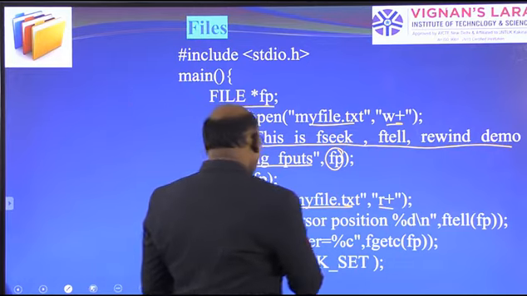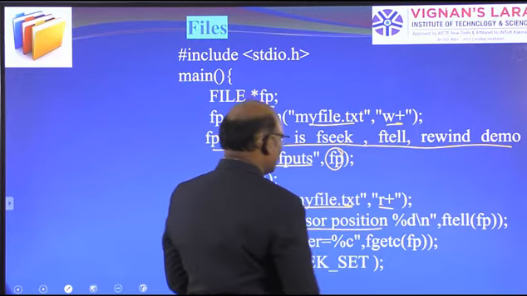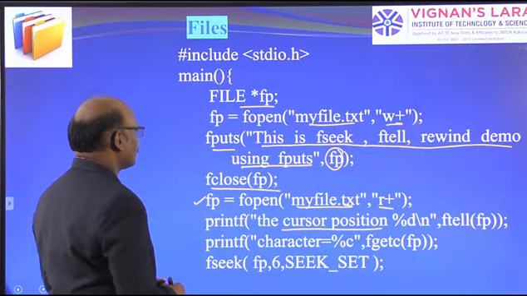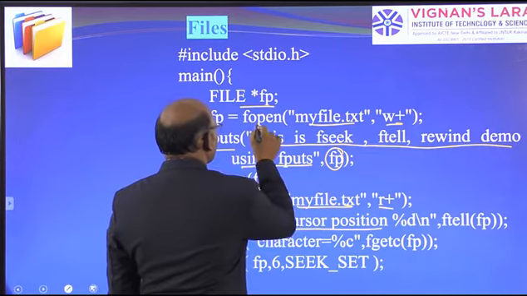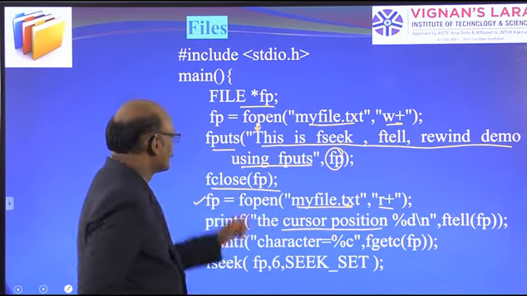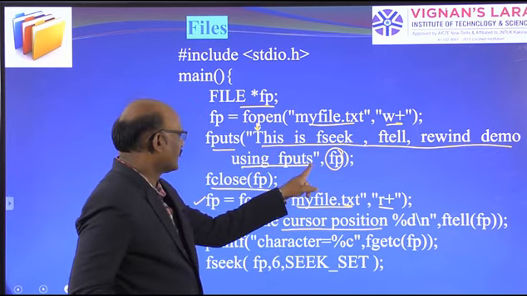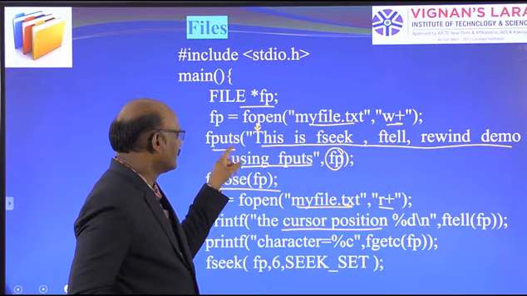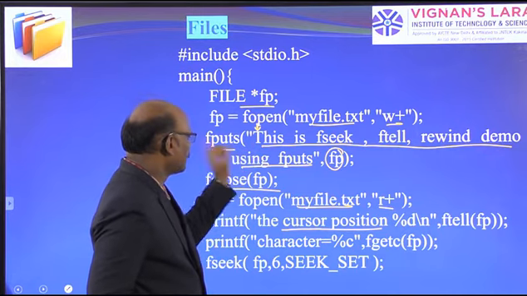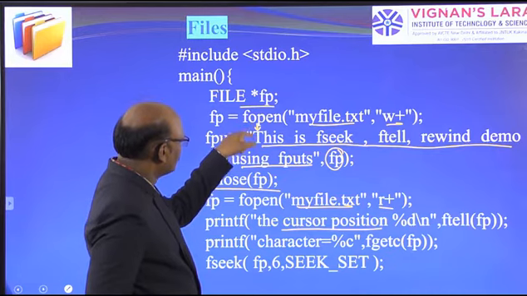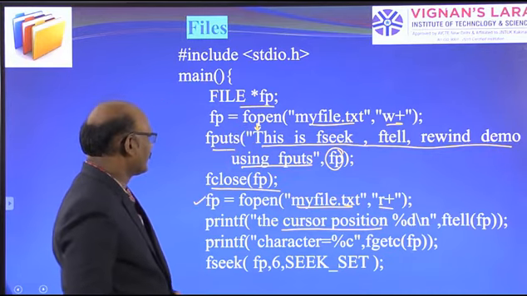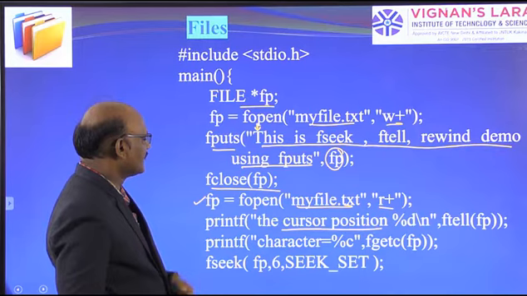After opening the file in the reading mode, the file pointer points to the first position of the file. This is the first character of the file and this is the last character of the file. On opening, the file pointer points to the first character and its index is 0.